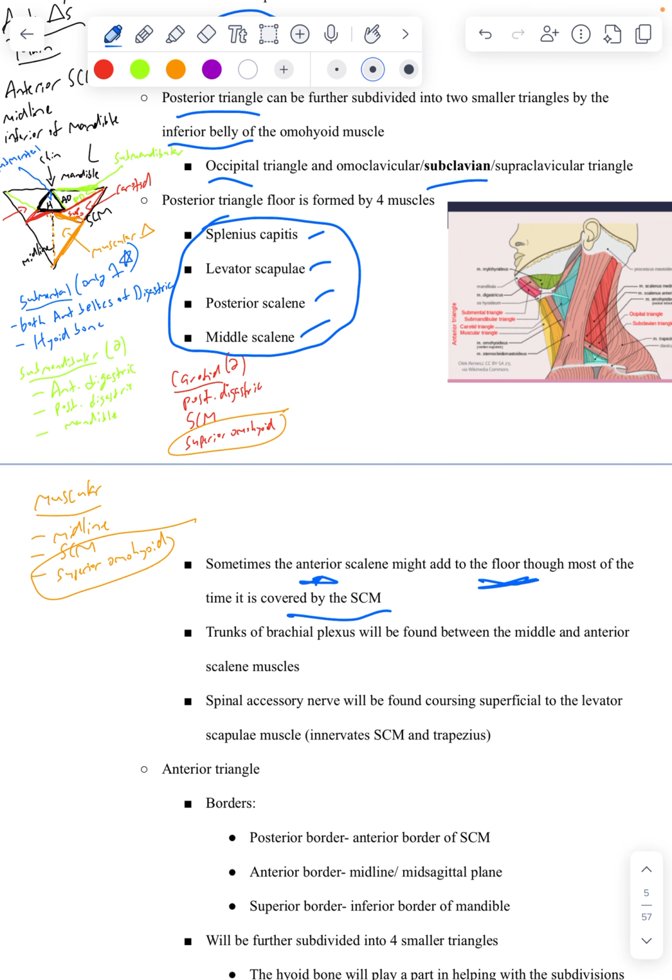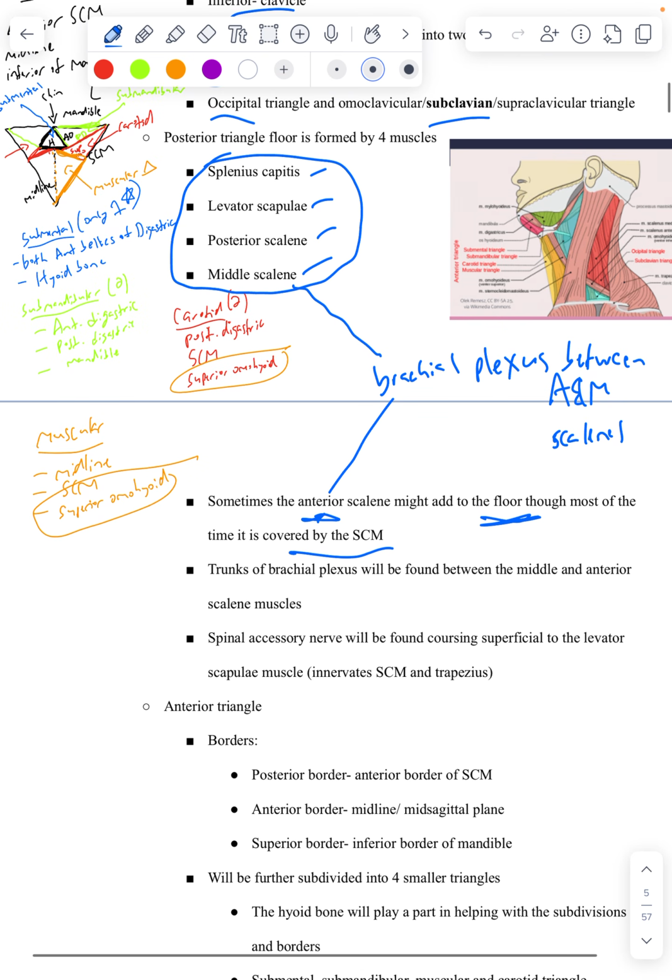A key thing between the middle and anterior scalenes is that between the middle and anterior scalenes, your brachial plexus runs. So brachial plexus between anterior and middle scalenes. So you can assume it's behind the anterior and in front of the middle.